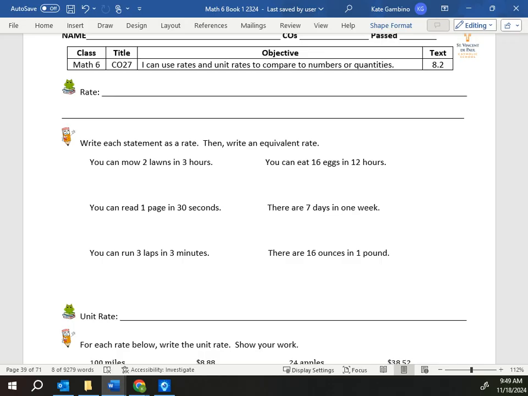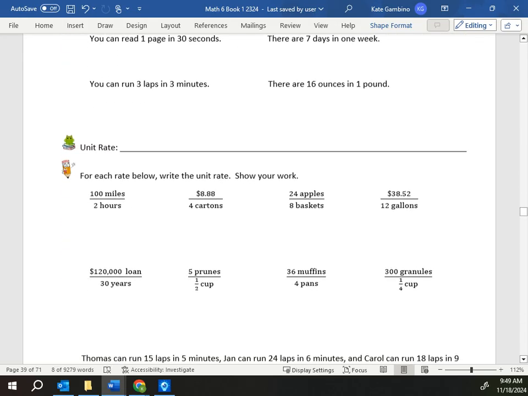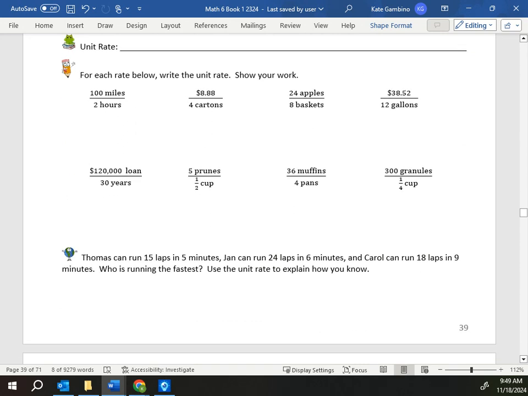Everybody look at CO27. What do we have to have as our denominator to be a unit rate? Liam, a 1. So remember, if it is a whole number as your denominator, we're dividing. So put that on your help sheet. Whole number as the denominator, you divide by it. Whatever you divide the bottom by, you divide the top by.